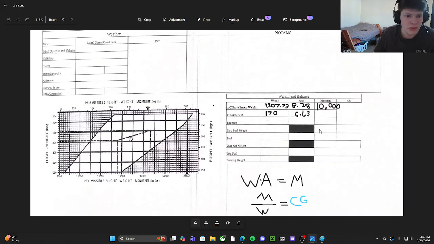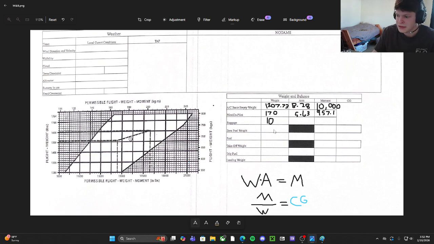And as we determined before, our moment is weight times arm, or the way that I remember it is WHAM, weight times arm equals moment. So if I do, and I have my calculator on my phone, 170 times 5.63, I get 957.1.